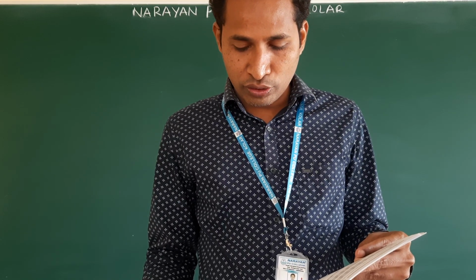Rutherford model of atom. Once again, I repeat, most of the particles pass through the foil undeviated or with small deviation. This we have already seen. According to Rutherford's model, the atom contains a positively charged tiny particle at its center known as the nucleus of the atom. Almost all mass of the atom is concentrated in the nucleus.